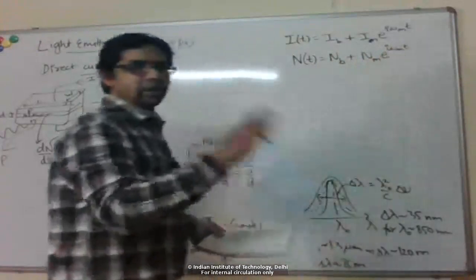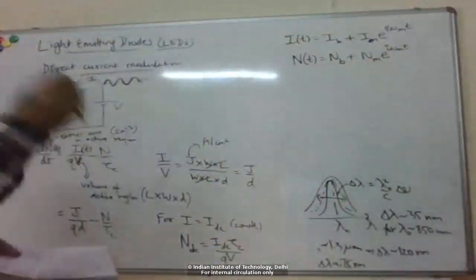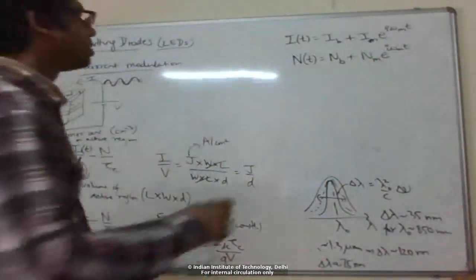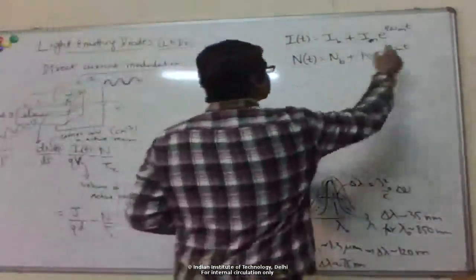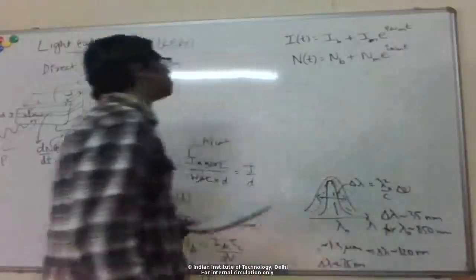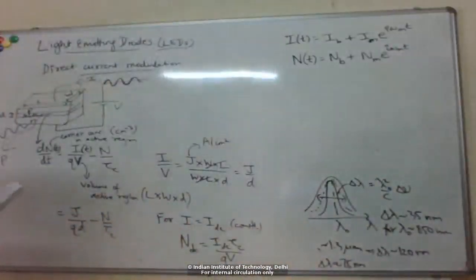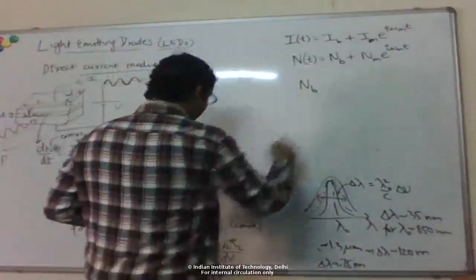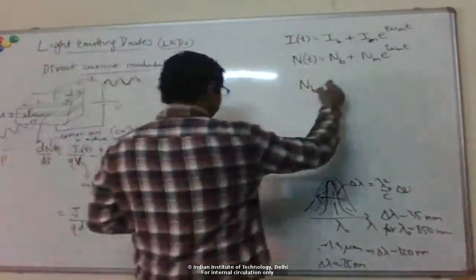It's like driving a pendulum: applying a force at a particular frequency, the pendulum will also respond at that same frequency. So N_B we can write from here like this.